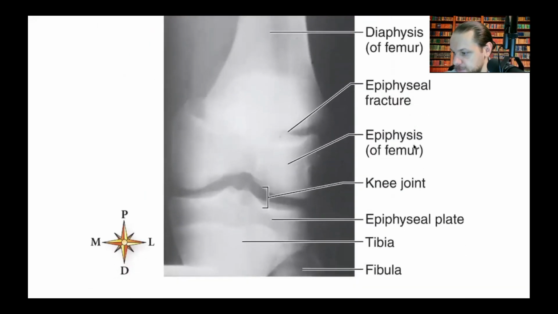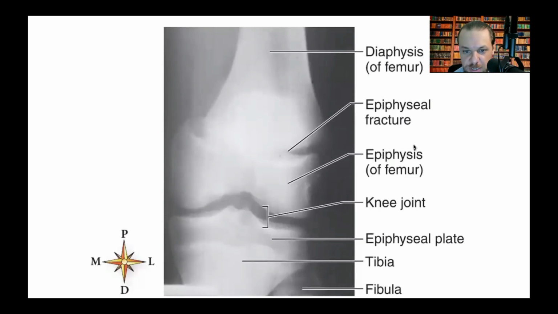This is an X-ray image showing a fracture of the epiphyseal plate. So when a kid comes in with a fracture to the epiphyseal plate and the doctors see him, he may have problems with the growth of that bone. They will be assessing that and seeing if they can correct it.